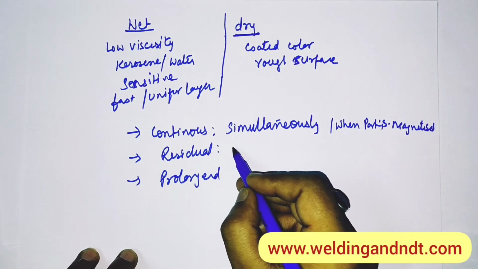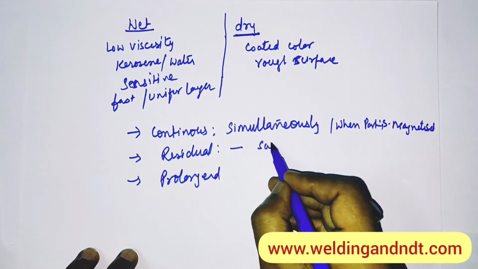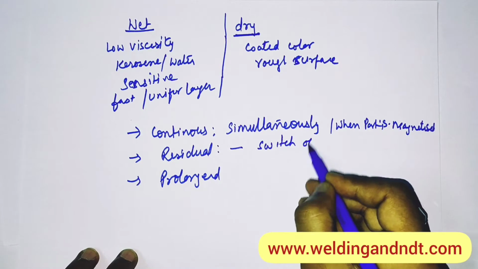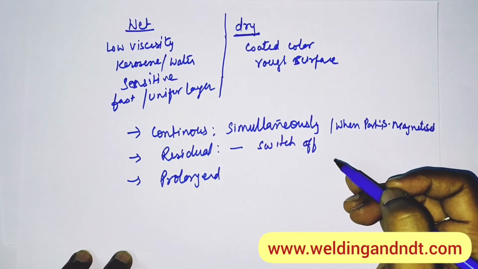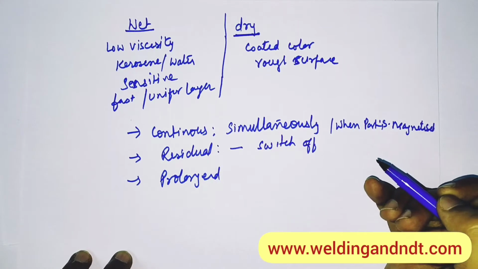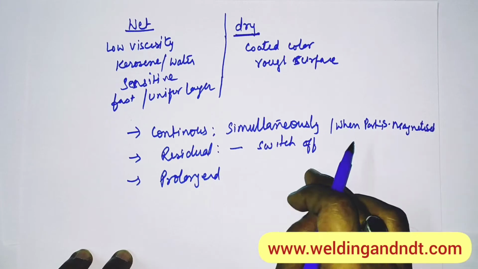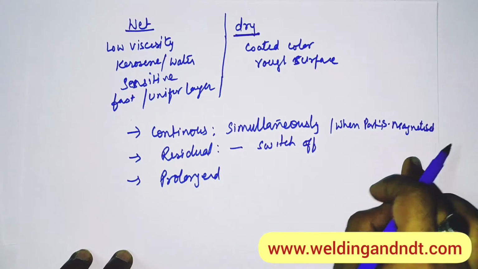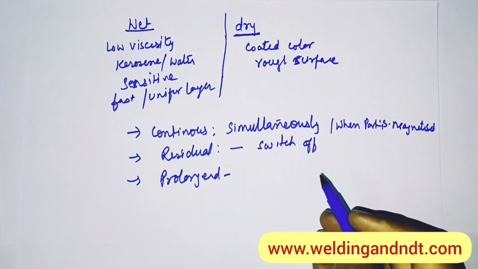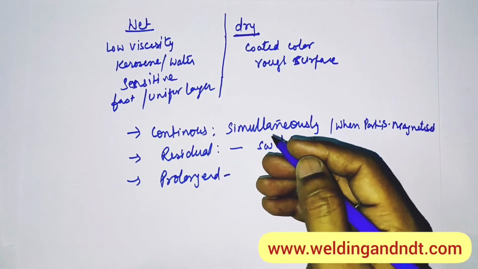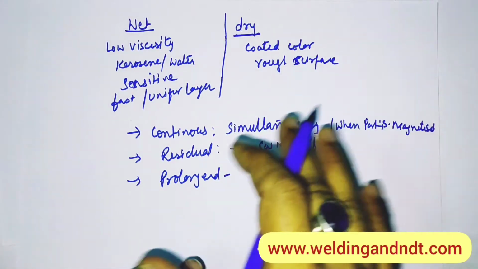Whereas in residual, you start the machine, introduce the magnetic field, and then switch off the machine, and after switching off the machine you apply the particles. Once the part is magnetized, the current is switched off and then particles are applied. This is the residual method. And prolonged is a very special kind of method, which is used when the part to be examined is in an overhead position.